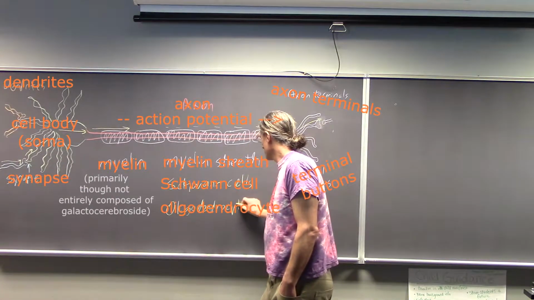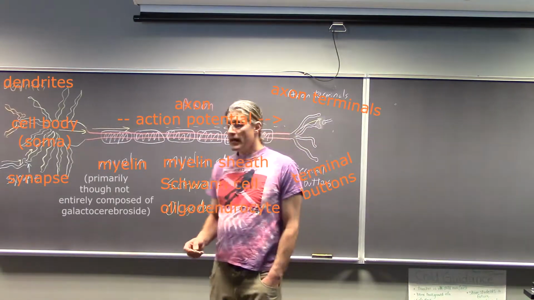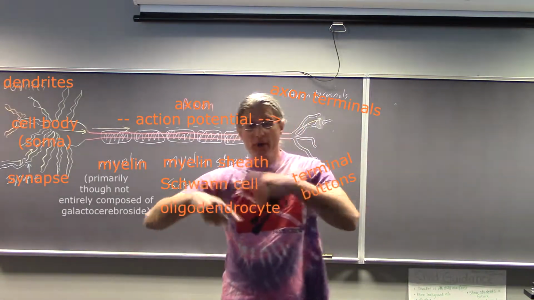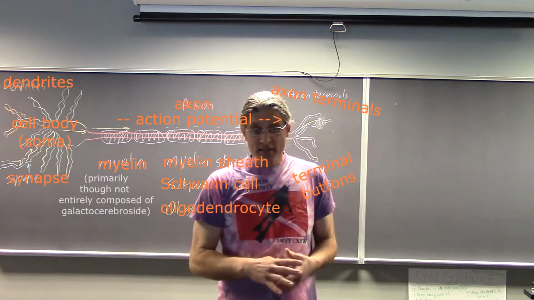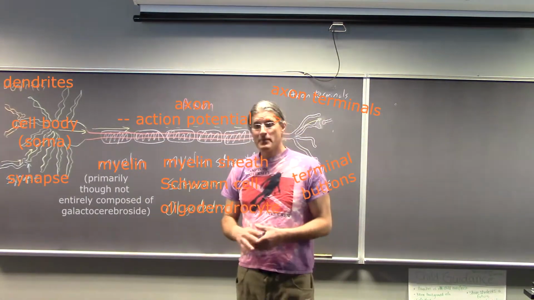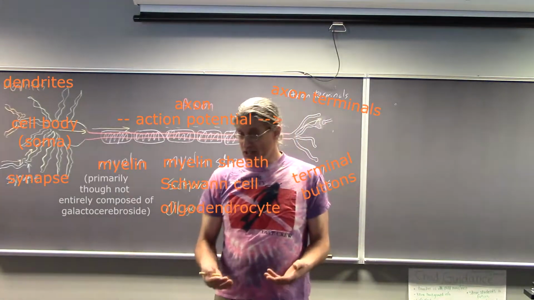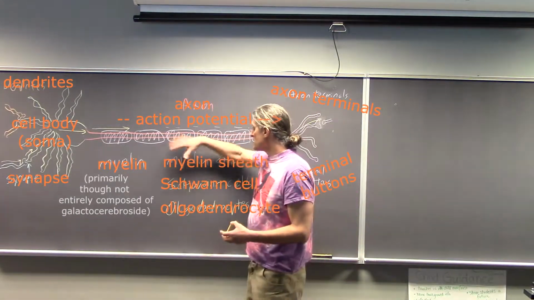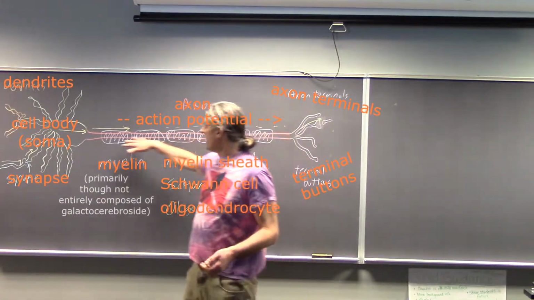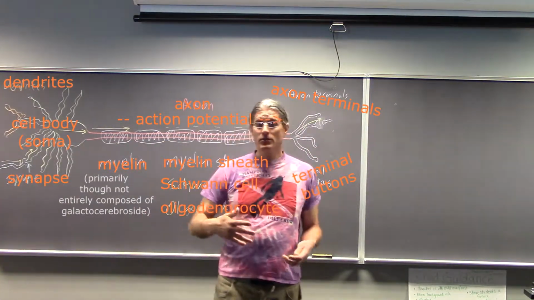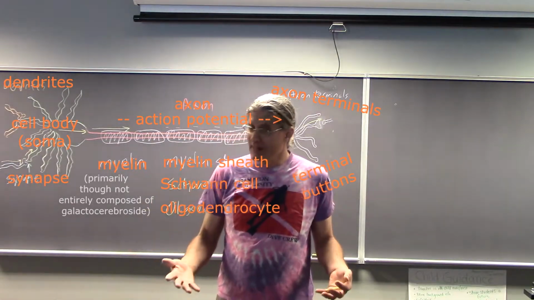And what they do is they wrap around the axon, and they provide multiple layers of this myelin, and that provides a great deal of insulation that essentially causes a large span of the axon to not depolarize.